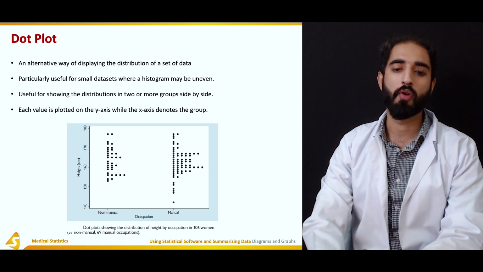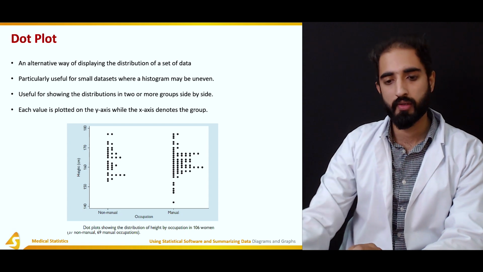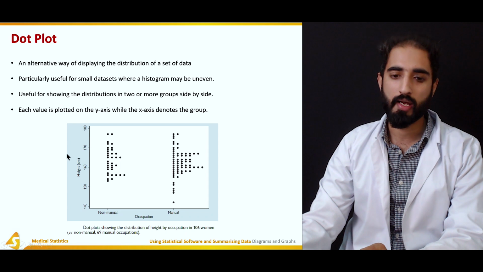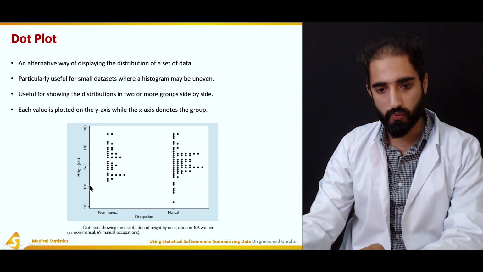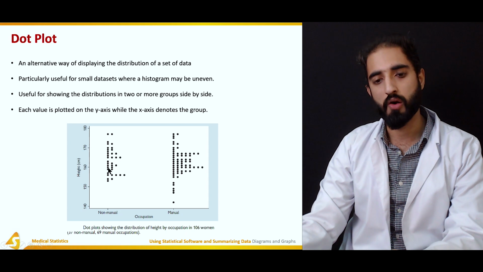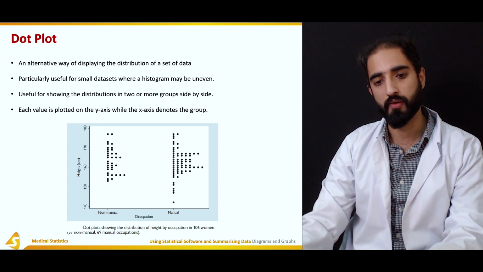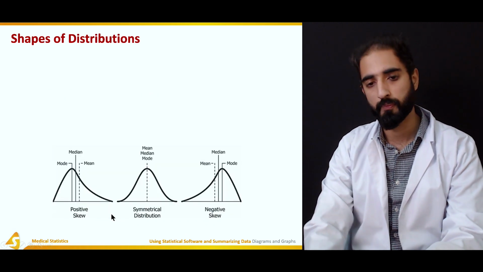Each value is plotted on the y-axis while the x-axis denotes the group. So the x-axis is denoting the group or the category, and this is the height. Let's suppose this one is 160, so we can count the dots and say how many repetitions or participants there were for 160 in the non-manual group, and we can get that information.